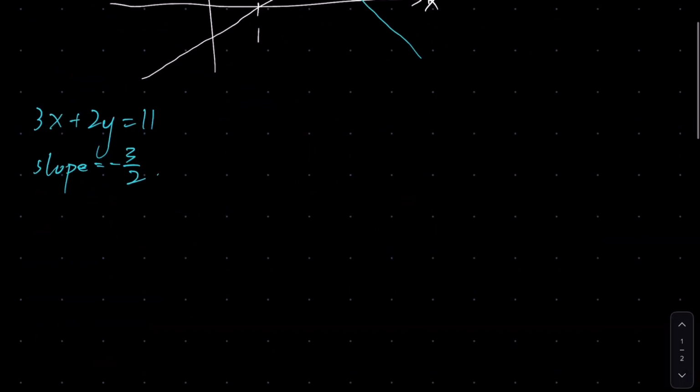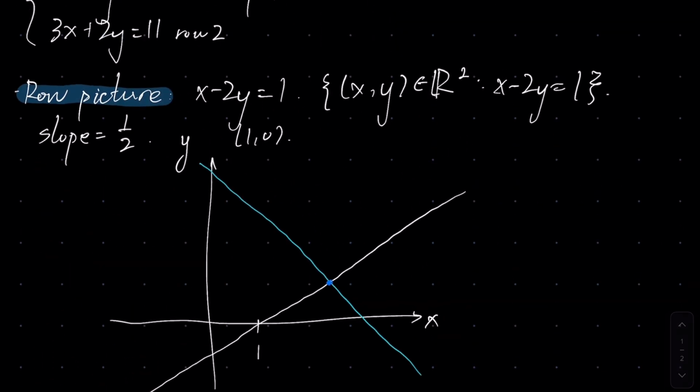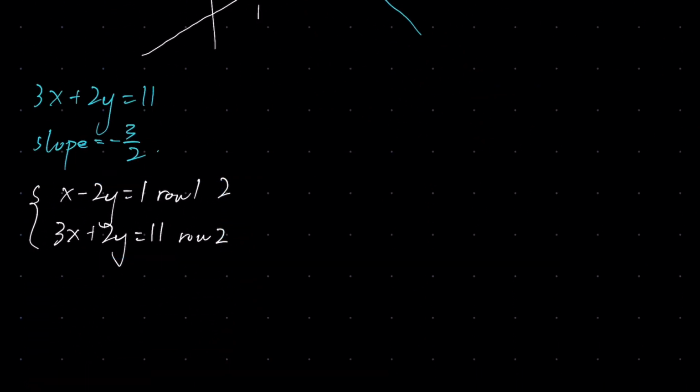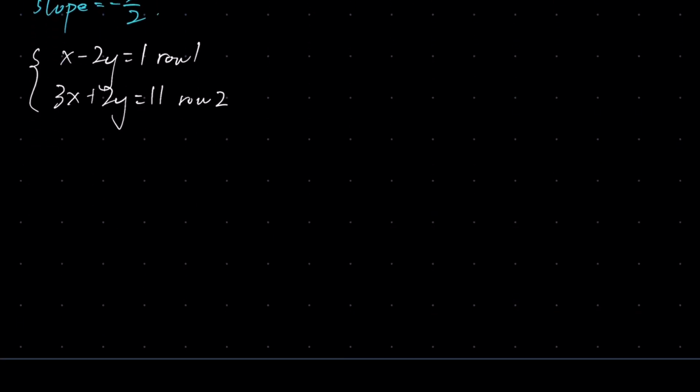Now, let's quickly solve for this, okay? So we have this particular equation. Let's duplicate this. And let's simply add row 1 plus row 2.